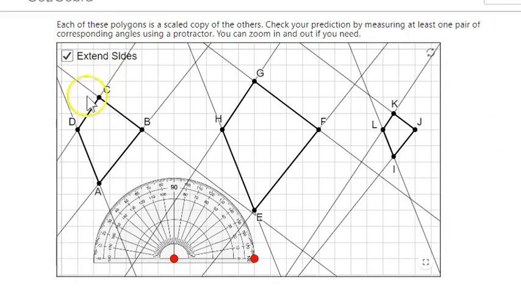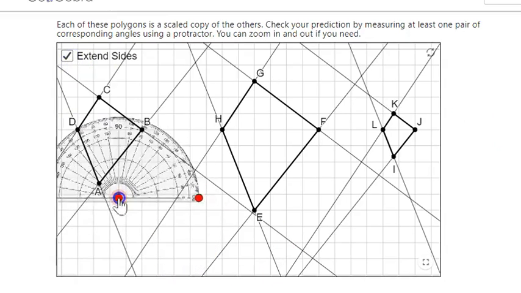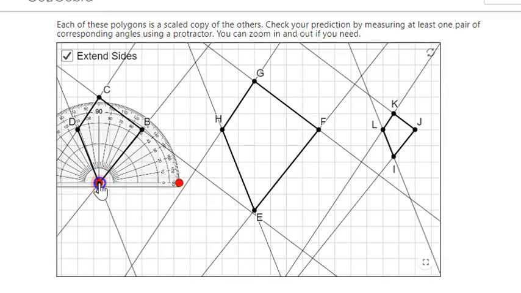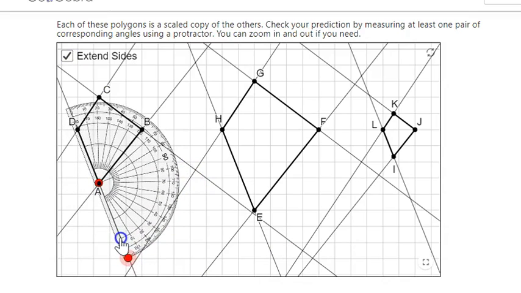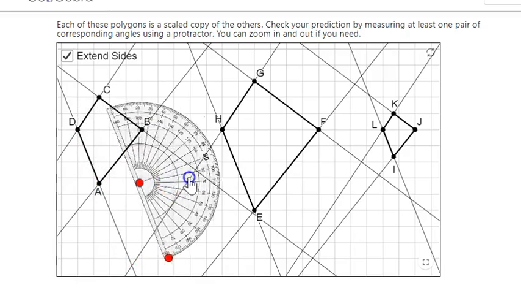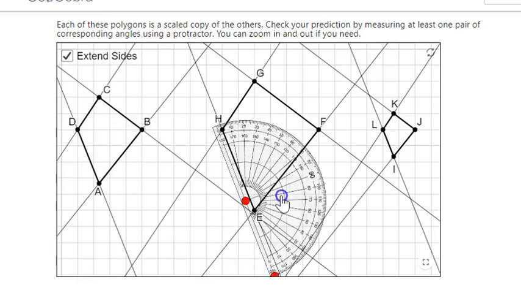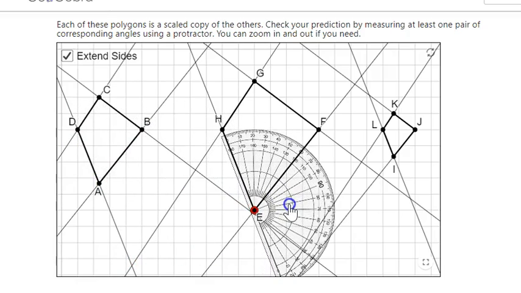Okay, so I'm going to use that extend feature, and I'm going to measure a few of these angles. So I'm going to put that right there. And so it looks like angle DAB is 60 degrees. Let's see if HEF is 60 degrees as well.